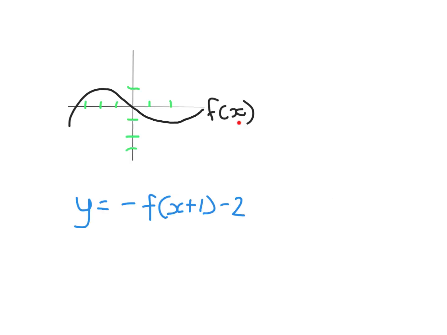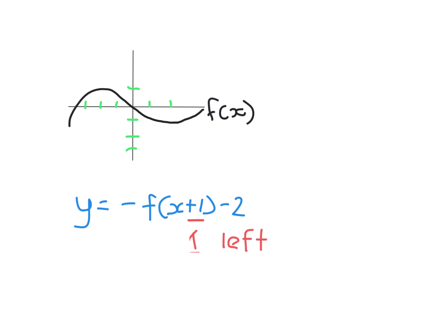So here I have a function f(x), and I'm going to use it to draw this function here. Just as there's an order of operations, there's an order that we do things when we're transforming functions. We're going to do what's in the brackets first, then we're going to look at these coefficients, and we're going to do this last. So we need to identify the transformations that need to occur. This 1 in here means I go 1 to the left.